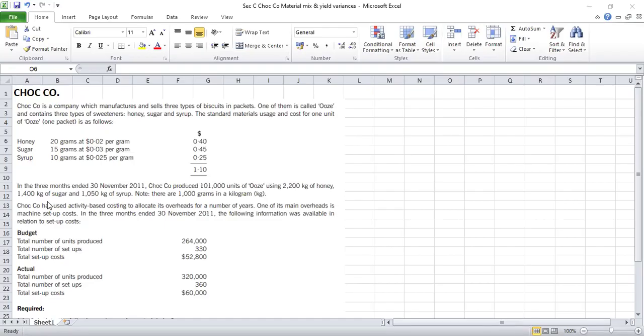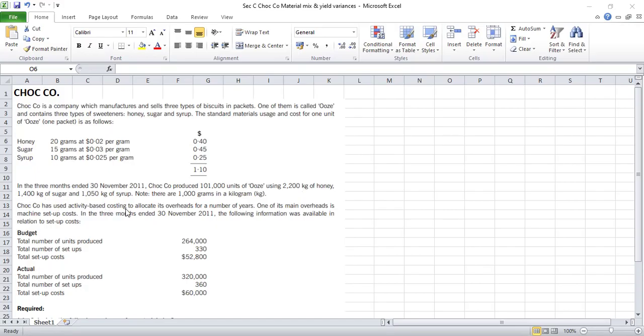Note there are 1000 grams in a kg. The standard values are given in grams rather than kgs, but here you can see that the actual usage is given in kgs. So we will convert these grams into kgs as well.